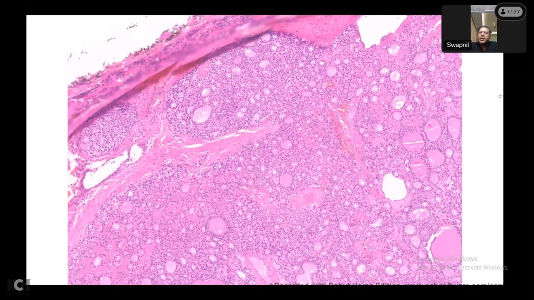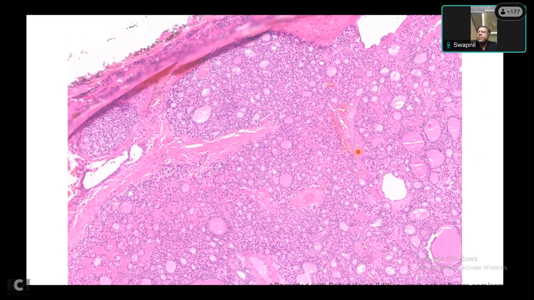So it's a spectrum of tumors that have a similar morphology, and once you have decided this at, let's say, 10x or even 20x, then you finally jump down onto the 40x to look at the nuclear features.